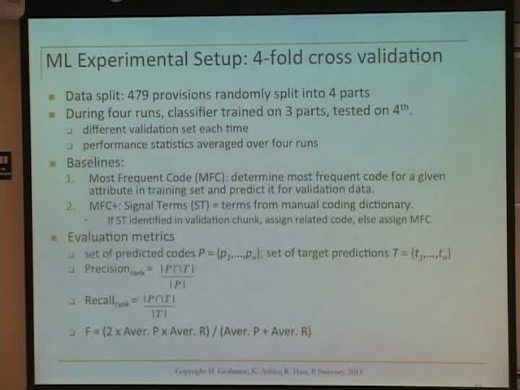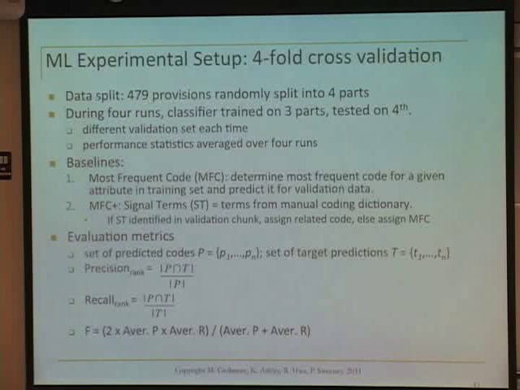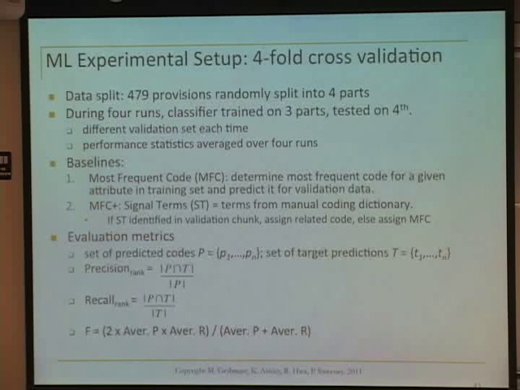We compared that with 2 baselines. One baseline, the MFC baseline, was the most frequent code, determining the most frequent code for a given attribute in a training set and predicting it for the validation data. And the second was a little smarter. It combined most frequent code plus a set of signal terms from a manual coding dictionary.